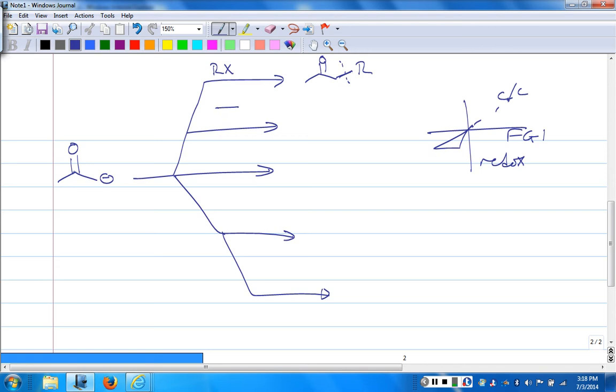Enolates also react with oxiranes, followed by water, and that process generates the corresponding alcohol. And these 2 carbons of what was once the oxirane are these 2 carbons.